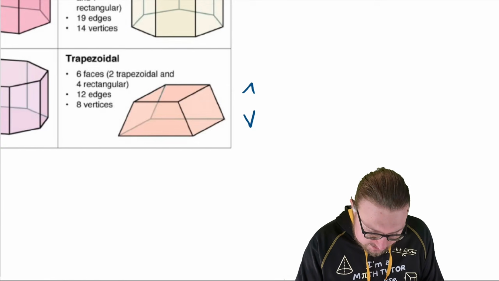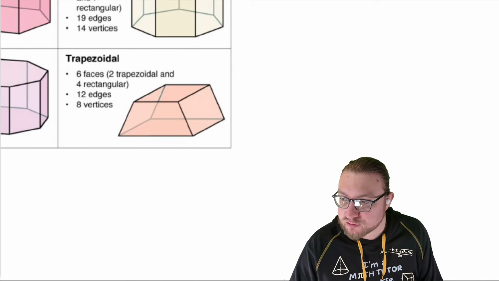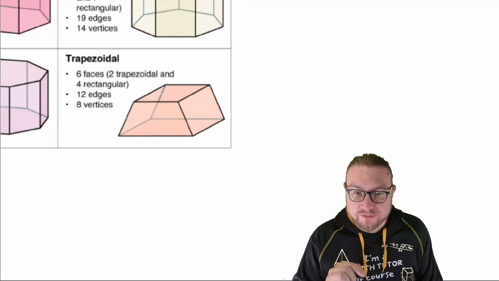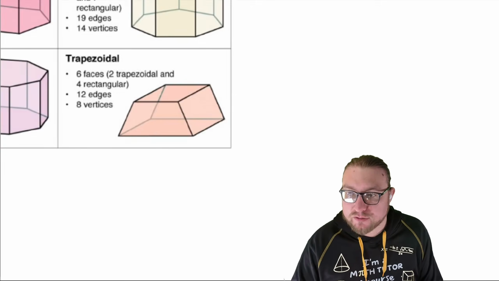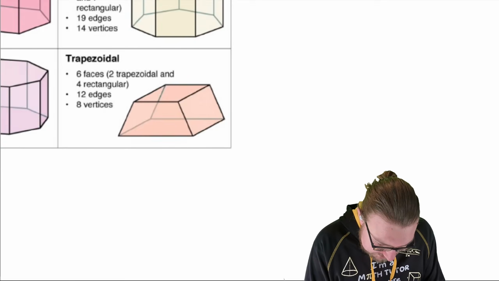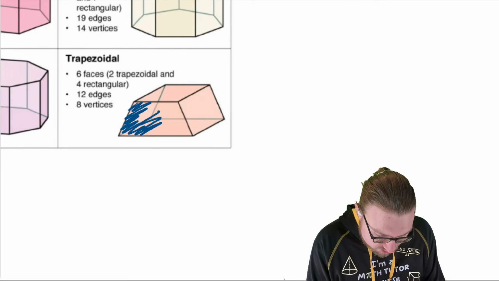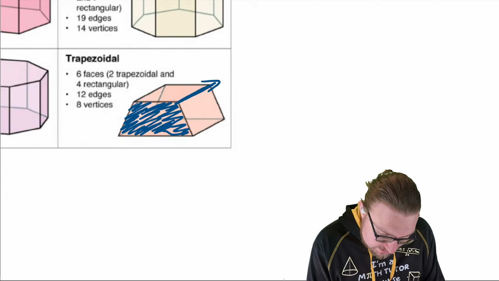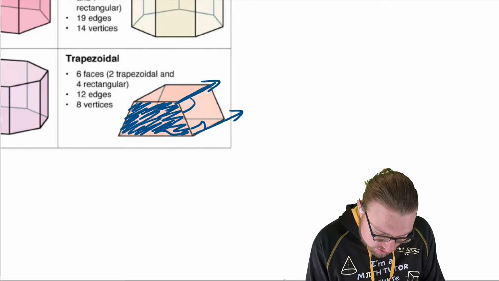The reason why is because the height has to be on a right angle to the base area. Now, the base area is the one that has all of the lines going on a right angle from there. So the base area here in the front is actually the trapezium here in the front. And then from there, all of the lines here are on a right angle to the base.